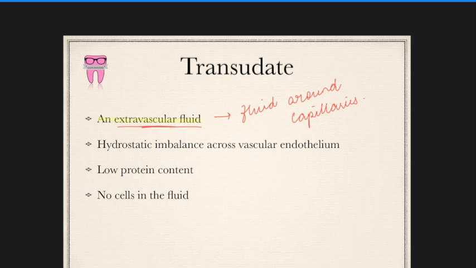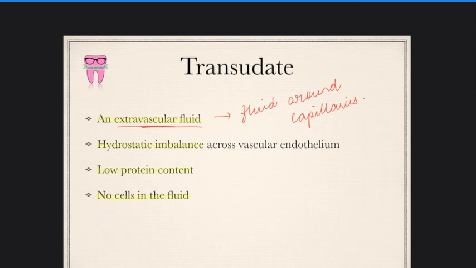And transudate occurs due to hydrostatic imbalance, that is, because of difference in pressure between the capillaries and the surrounding environment. And transudate has low protein content and no cells in the fluid. There are no cells or solute components in the transudate.